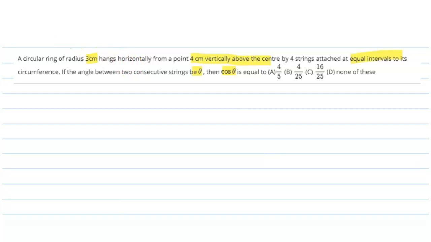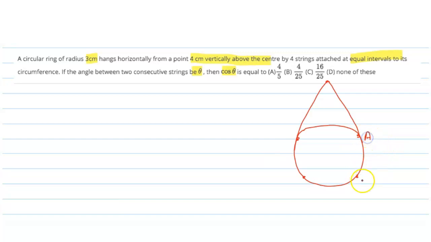So first we will draw the diagram. The diagram is a circular ring, and from the point P it is hanging at equal intervals.